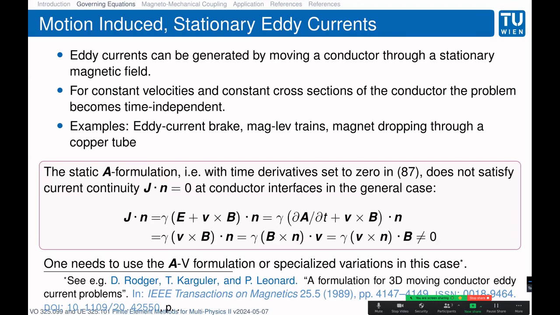Typical examples for this are, for example, the eddy current brake. If you consider the rail that is moving with respect to your eddy current brake, which you typically mount on the train, introducing a magnetic field, then magnetically the geometry never changes, because the rail is just moving with a constant cross-section and constant velocity through the considered domain.